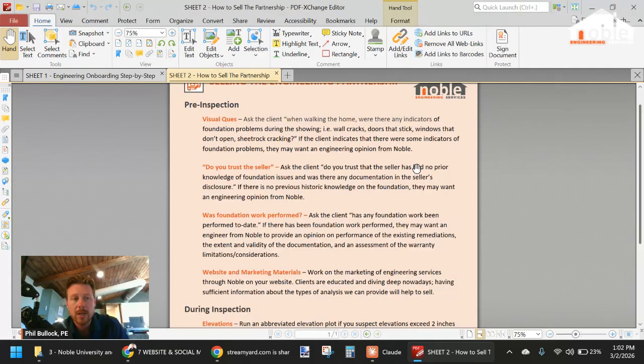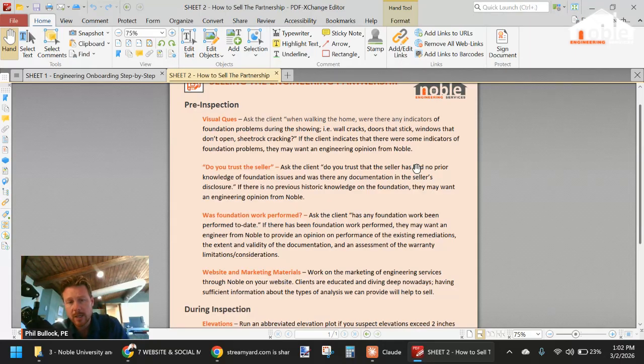They're going to tell you about their neighbor had it done, or that the seller's disclosure form had foundation listed there as something, or they don't trust the seller and the seller could be hiding stuff, or they know that there's foundation work that's done because there's concrete squares outside of the garage area. Okay, these are all visual cues that you can then say, well, we offer this service.